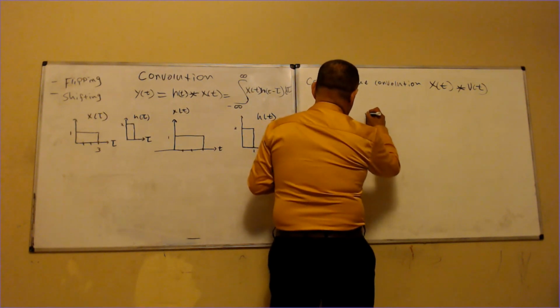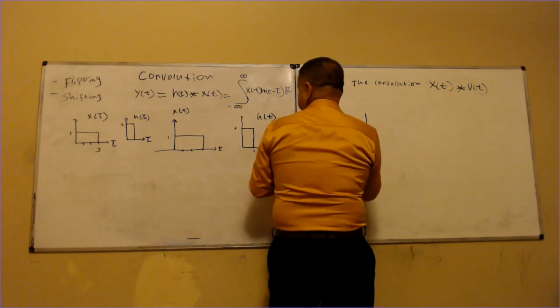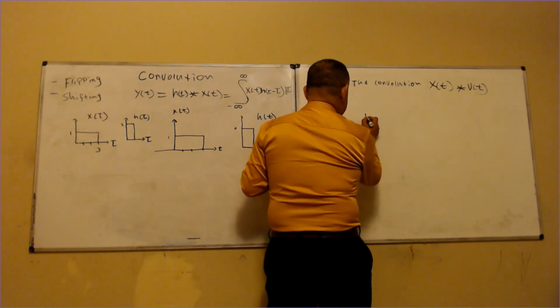So if I flip h of tau, it's going to be flipped, like this.